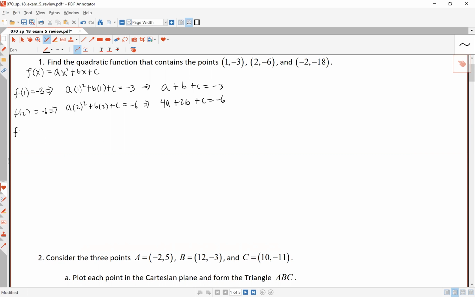And the third point tells us that f of -2 is -18. This tells us that a times -2 squared plus b times -2 plus c is -18. -2 squared is 4, -2 times b is -2b, plus c is -18.